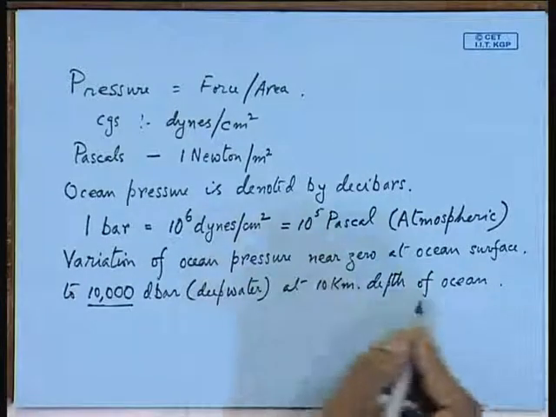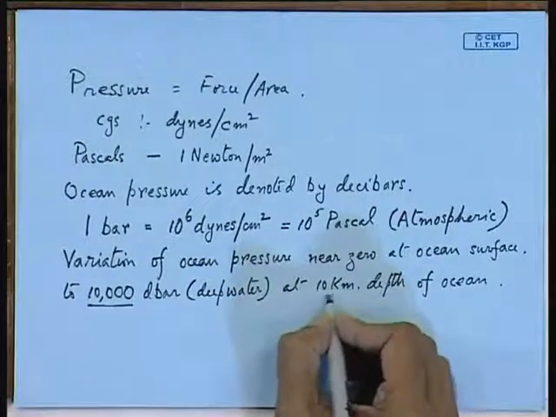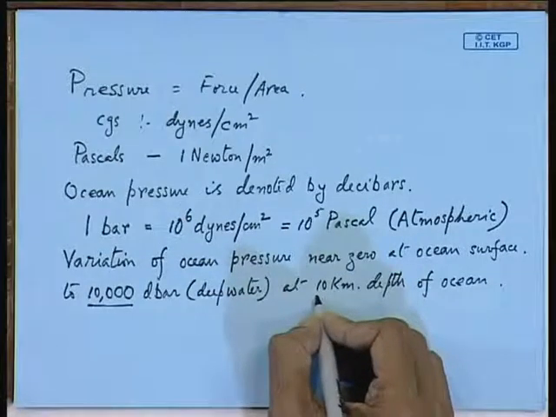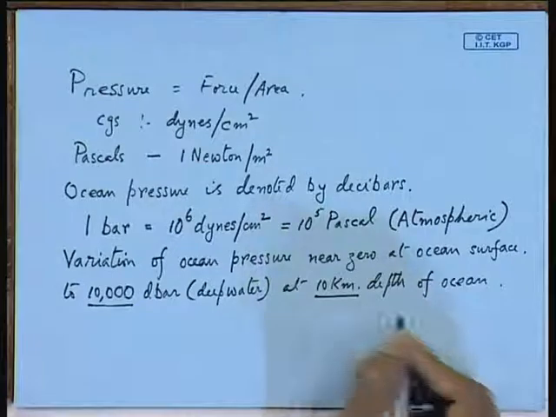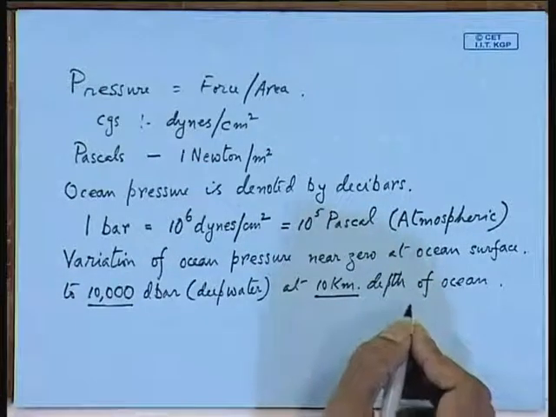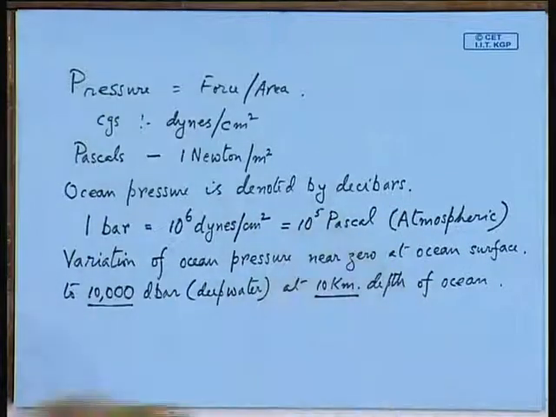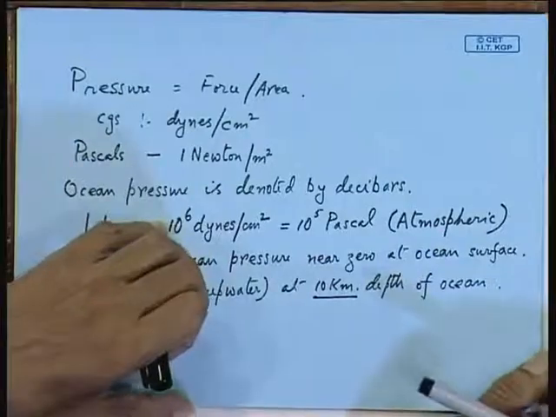That is why for these large depths of 10 kilometers, most of the countries have not yet developed a submersible to go down to this large depth. Submarines can go at best 1 or 2 kilometers down, but this kind of handling of tremendous pressure is itself an engineering feat.